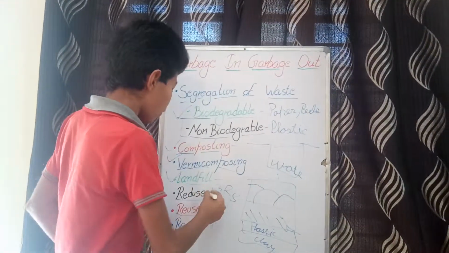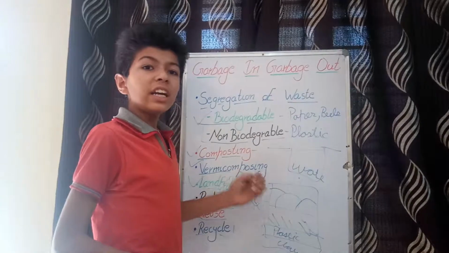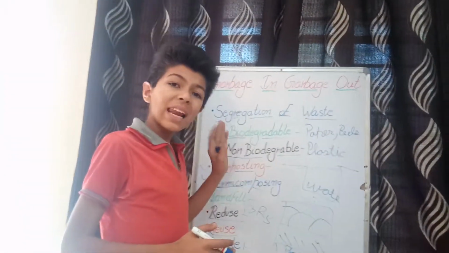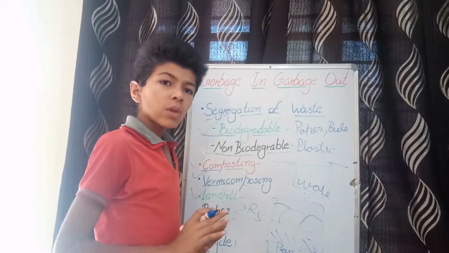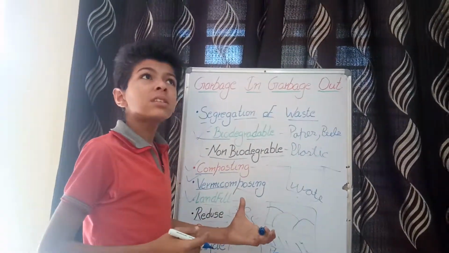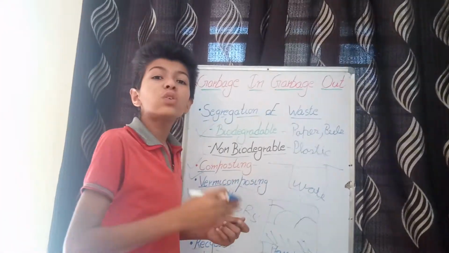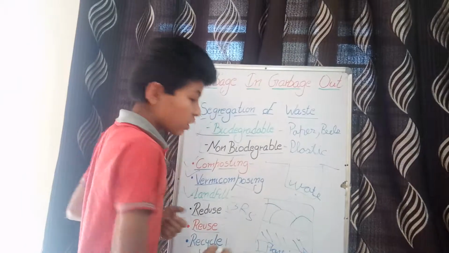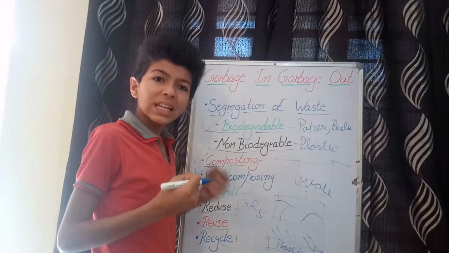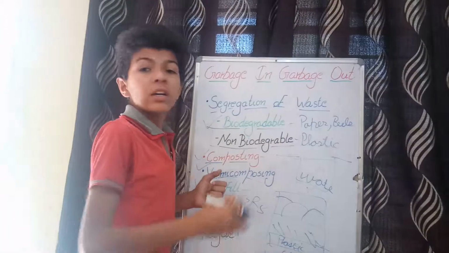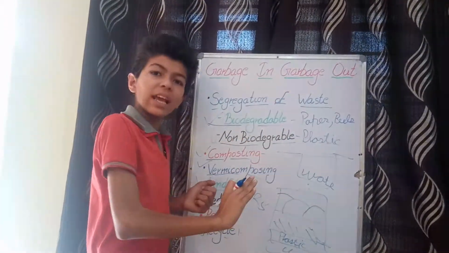So let's see examples. Reduce: do not buy plastics, or buy less plastic than we could. Instead of plastic bags we can use jute bags and paper bags. Reuse: we can donate our old clothes to an orphanage or use them as a duster to erase.